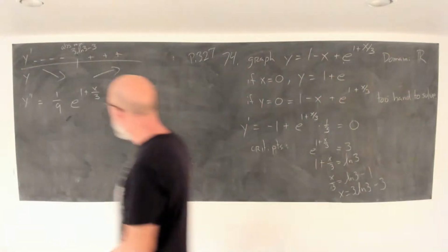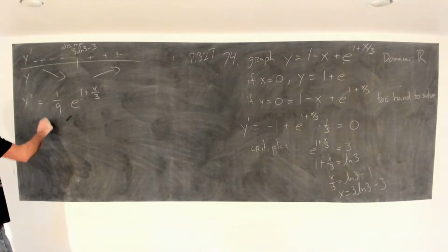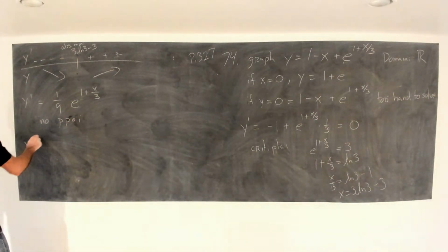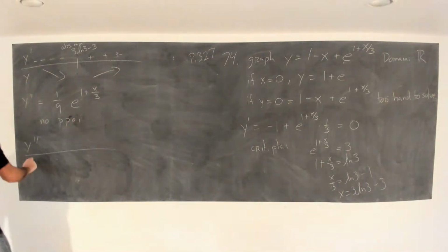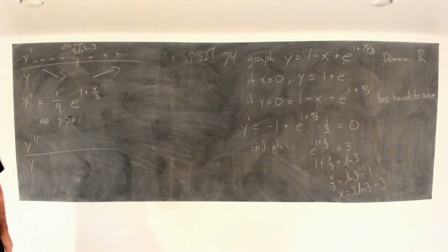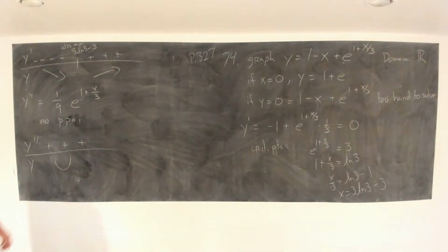No points of inflection, thank you, Michael. No possible points of inflection. Let's draw a second derivative chart. Labeling our possible points of inflection, there's nothing to label. Plug in any value, and you'll see that it's always positive.